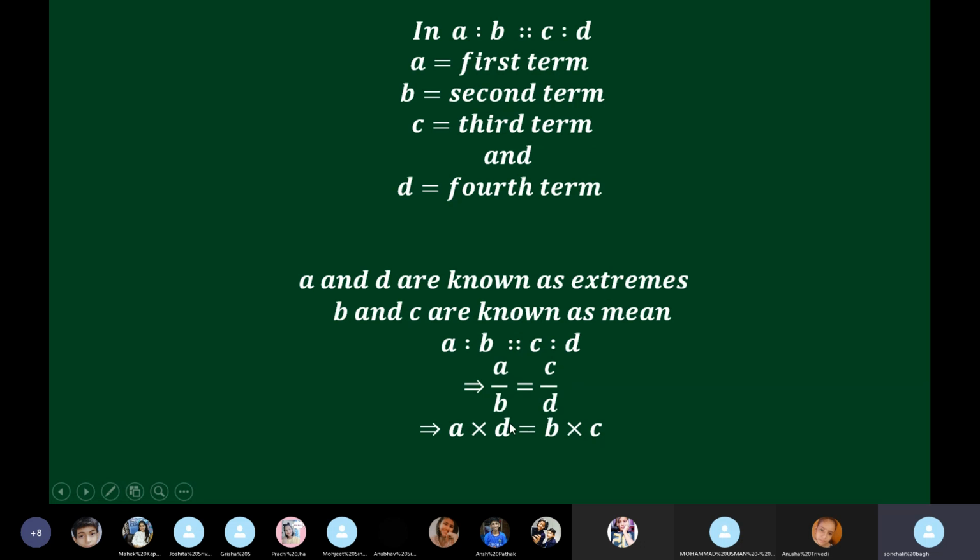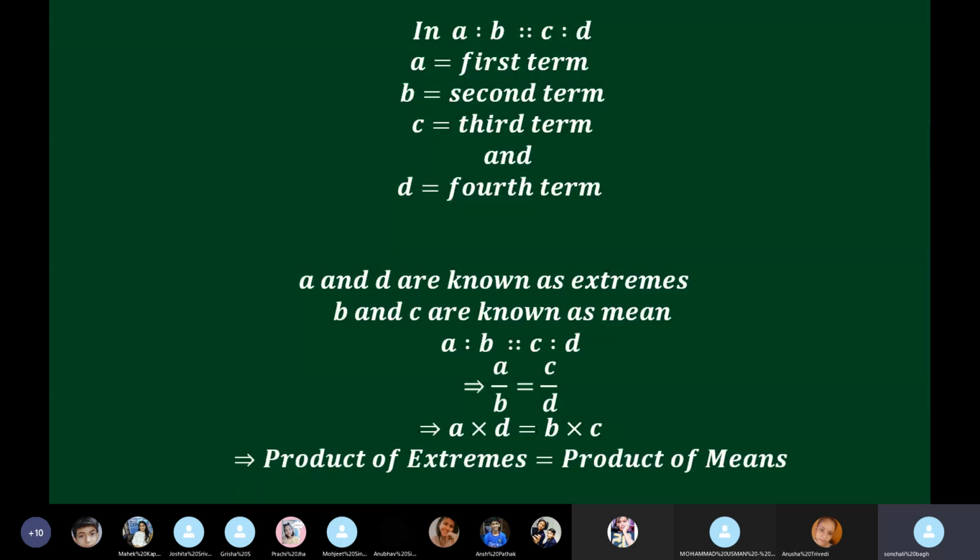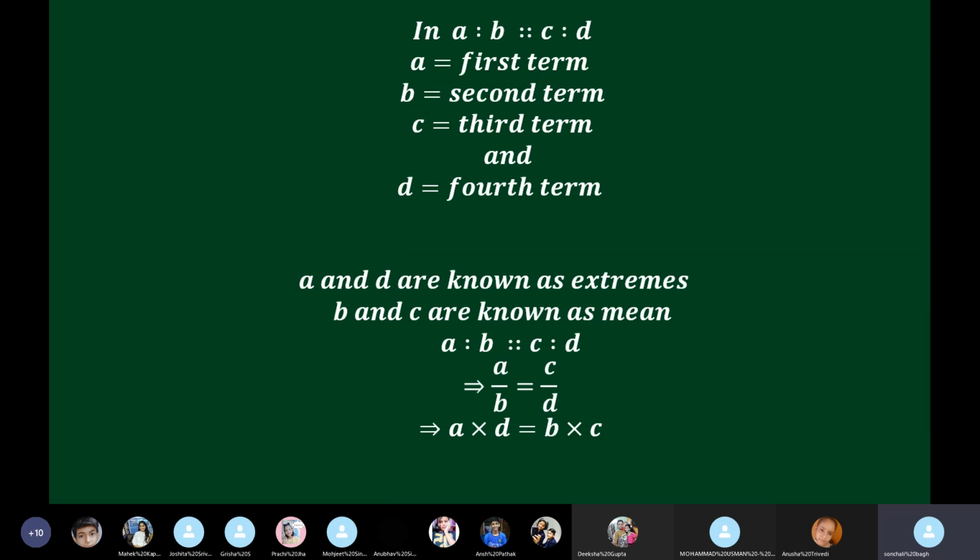A into D equals B into C. See what we are doing: we are multiplying the two extremes, yes or no? Yes, ma'am. Similarly, on the other side we are multiplying the two means. So the equation stands: product of extremes is equal to product of means, and this formula will help you in finding the missing terms.